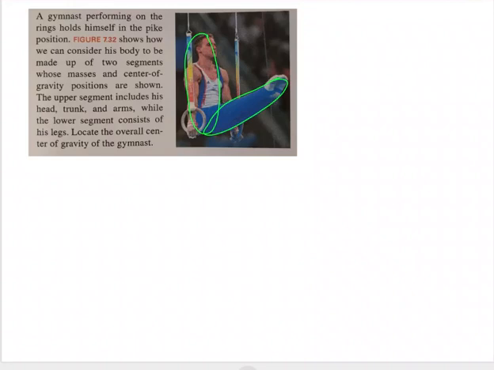Locate the overall center of gravity of the gymnast. So it's going to be right in the middle. His center of gravity for his upper body is right around this region, and his center of gravity for his legs, his lower body, is right around this region.